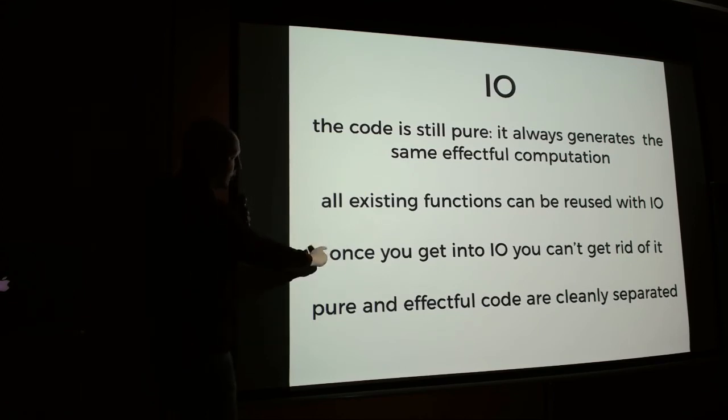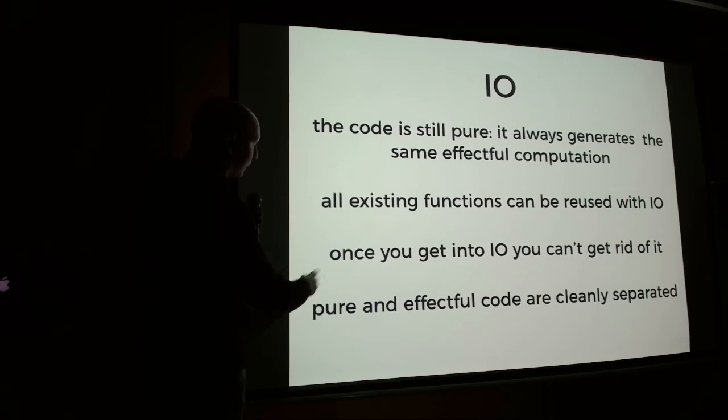If one of your functions returns something in I/O, that means that you have to deal with it, because you can't unwrap I/O. You can only add more functions on top of it. And that's good because you will know from your type signature where you have side effects in your program and where not, eventually.